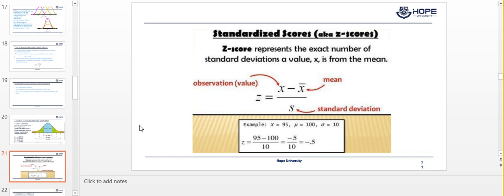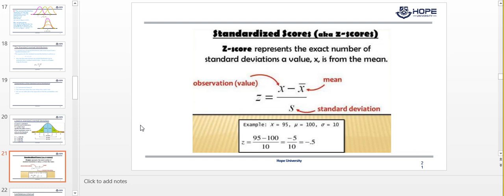If we have a sample of 95, a sample mean of 100, and a standard deviation of 10, calculate it. 95 minus 100 mean divided by 10, that means minus 5 divided by 10, equals minus 0.5.